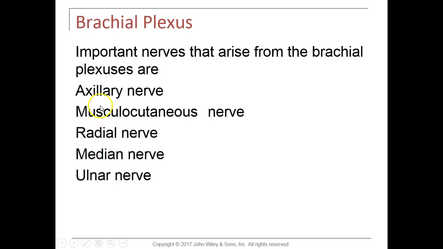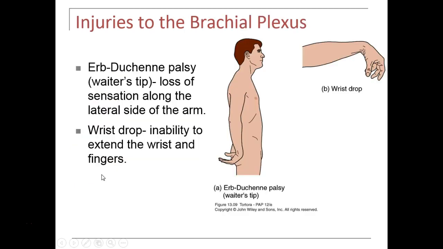So I want you to know that these are some main nerves that come off the brachial plexus, and also with the brachial plexus, in particular, the median nerve and the ulnar nerve when we have problems with it. So if we have injuries to our brachial plexus, one problem is what we call an Erb-Duchenne palsy, or what we call a waiter's tip.